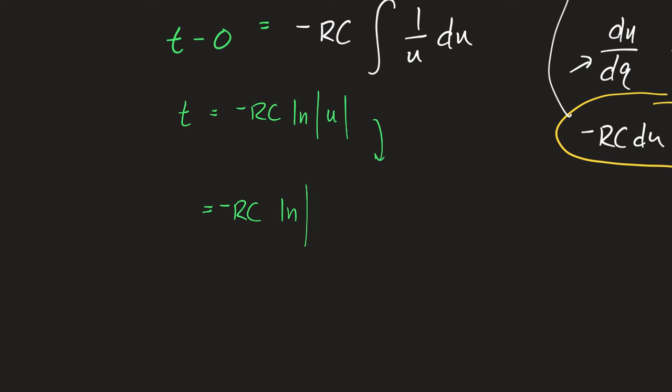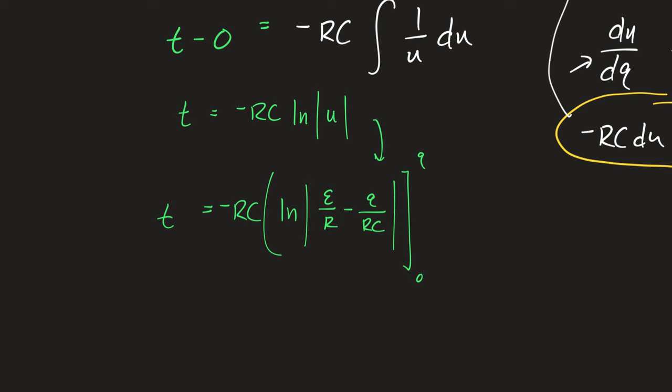So if you remember, our original function for u, and we have to put in our limits. Okay? It's still all equal to T.